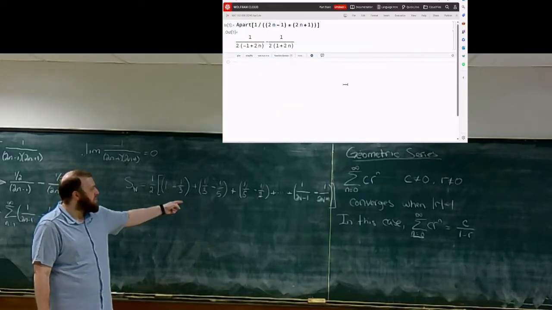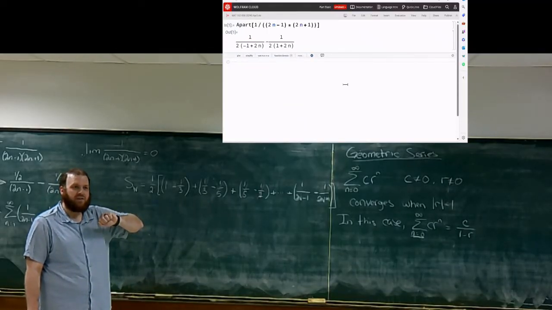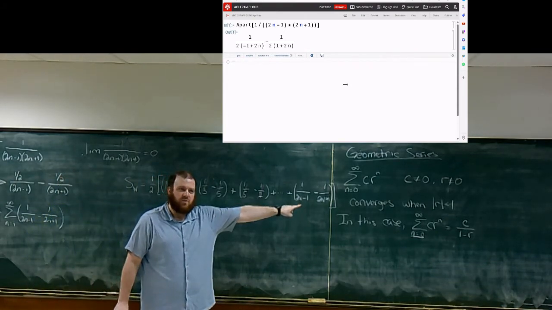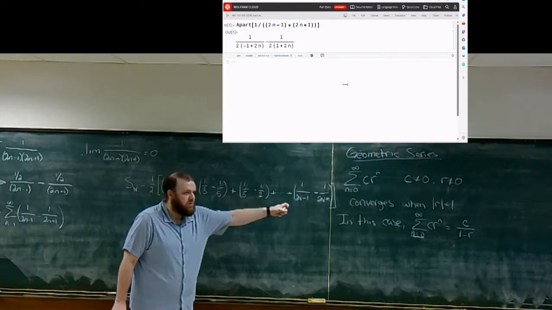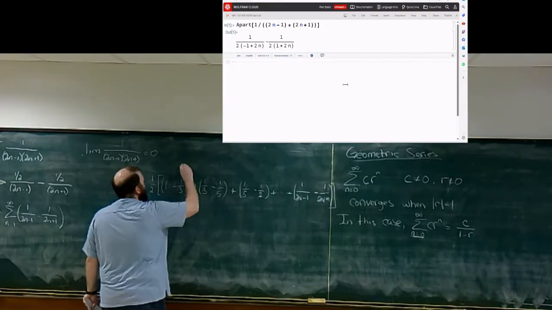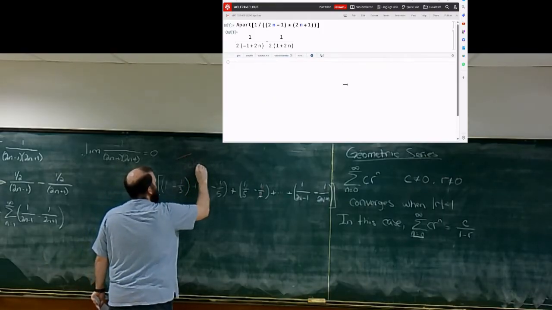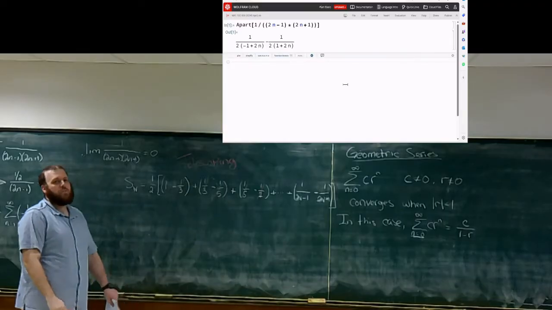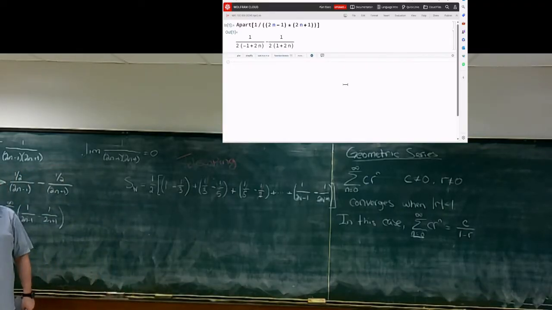Oh, look at that. All of the middle terms cancel out. What are we left with? Our first and last terms. This is called telescoping. This is a telescoping series.